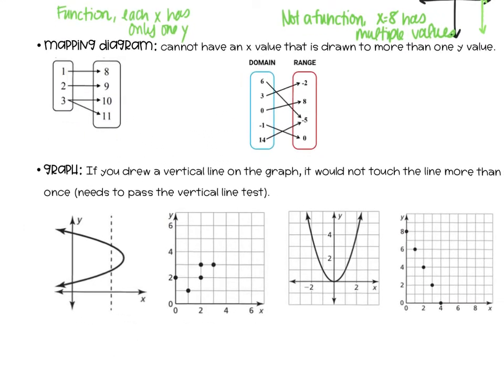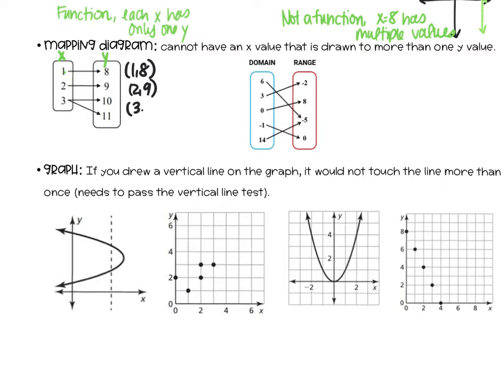Okay, a mapping diagram. This is where it has these two squares. Sometimes it's drawn like two bubbles. There's a few ways you may see that, but it cannot have an x value, which is on the left, by the way, this one got cut off, it looks like, that is drawn to more than one y value. Because each of these is a set of ordered pairs, like 1, 8 on this first one, 2, 9.